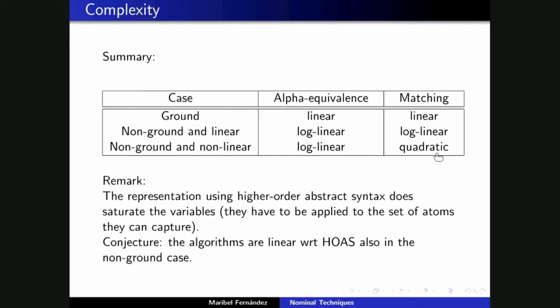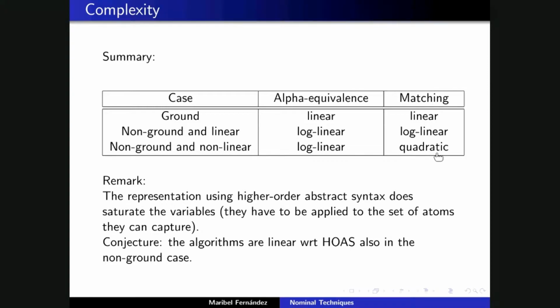Now, if you change the way the input is presented, then an algorithm that was maybe quadratic could become linear just because you write your input in a quadratic way. So what I'm trying to say is the reason why it is quadratic is because we are dealing with these extra things that you don't have in the first order case, the permutations in particular, and the fact that the permutations grow.